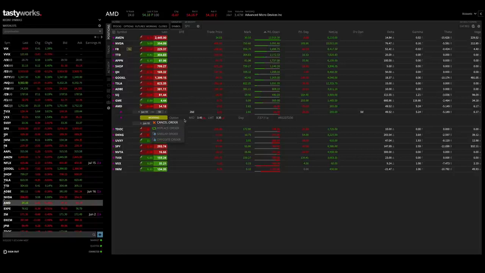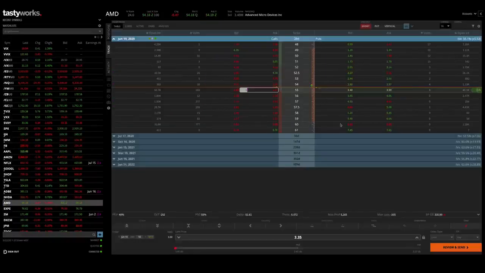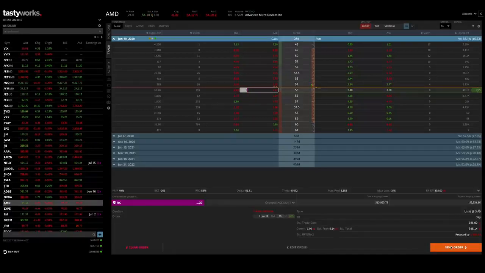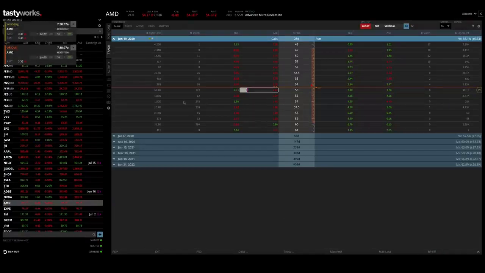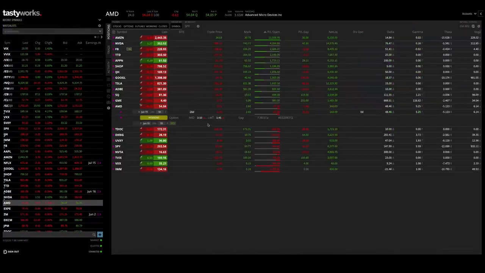So I'm going to right click this, replace order, and now the market is higher than my price. So now the mid price is $342. So I'm going to go to $340, $345. Let's do $345 really quickly. So now it canceled my first order. And now I have a new order with a limit buy price of $345.